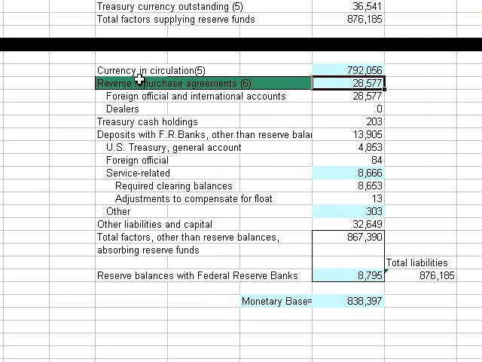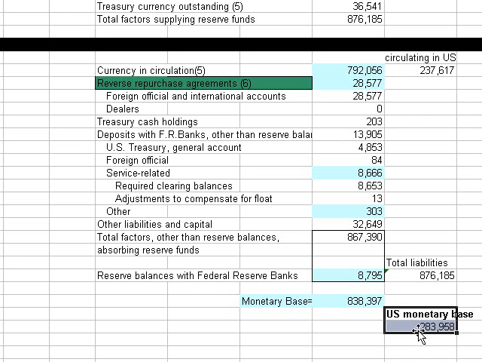Looking at the numbers on the Fed's liability side of its balance sheet, we can see that currency circulating in the United States versus abroad is about 240 billion.